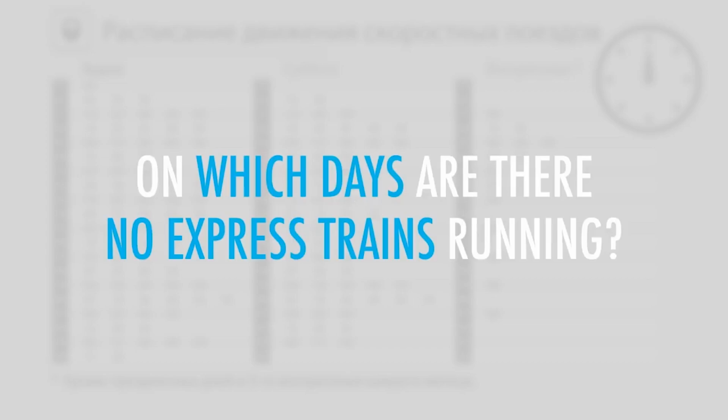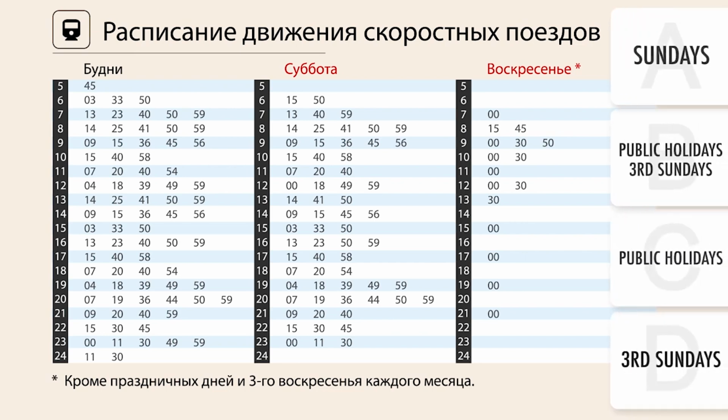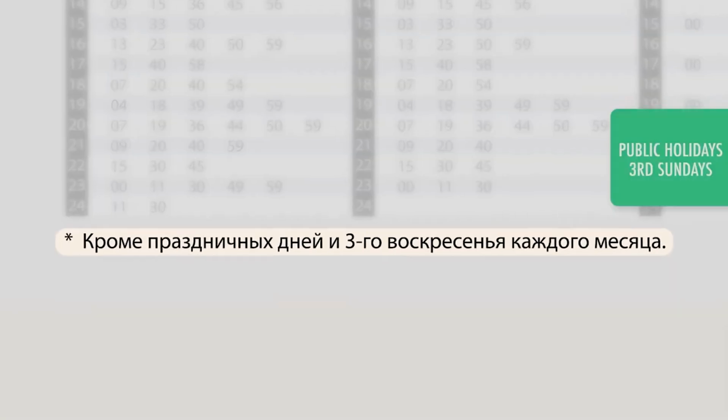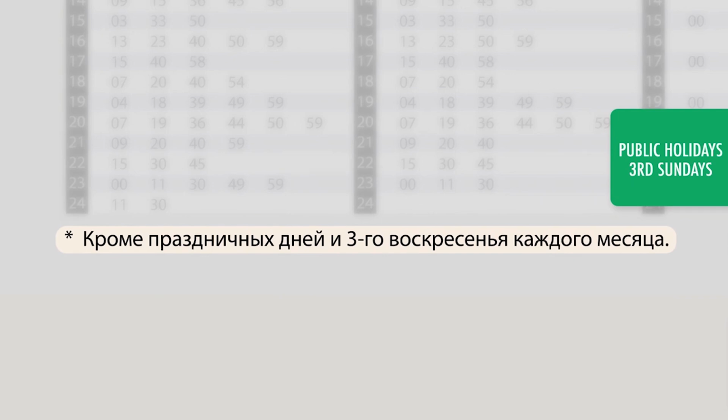On which days are there no express trains running? There are no express trains running on public holidays and the third Sunday of every month. В праздничные дни и третье воскресенье каждого месяца.